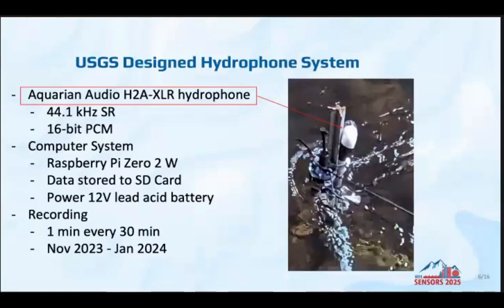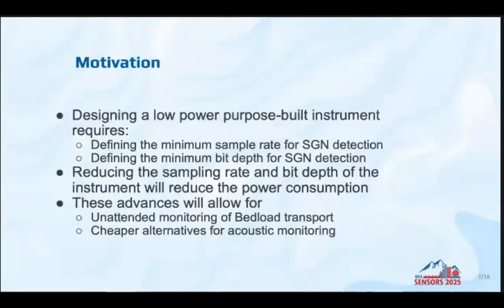All right. So motivation for this work specifically. Ideally, we want to design a low-powered instrument to just set it out there and essentially forget about it and just get updates about what bedload we're getting at what time. The first step to do this is to define what sampling rate and what bit depth is necessary to perform this analysis.